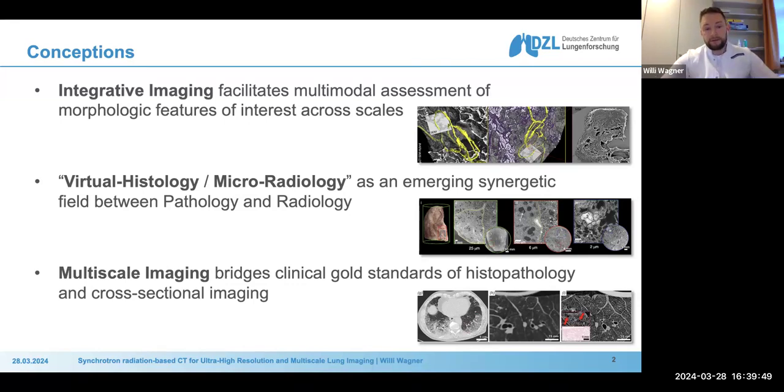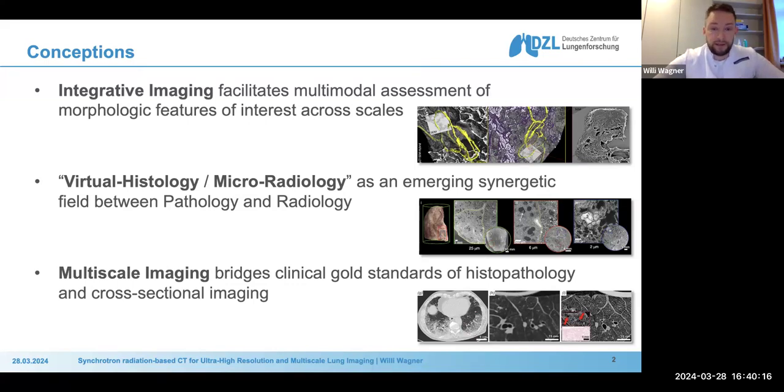The ultimate goal is that by using multiscale imaging, meaning coming from the clinical scale and looking at the entire patient in a clinical CT, and then closing the gaps between histology and the entire patient, I think this can only be done by synchrotron imaging on a multiscale basis.